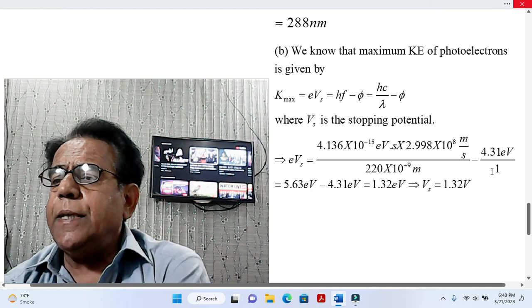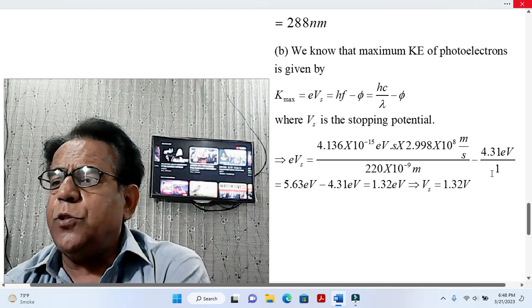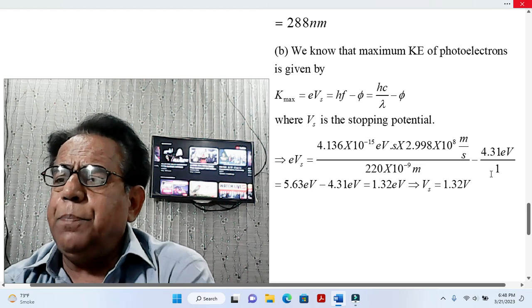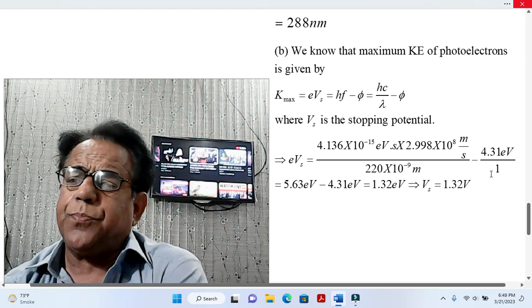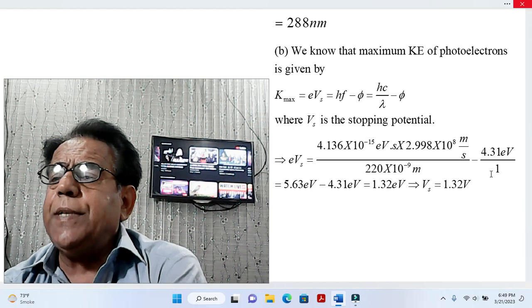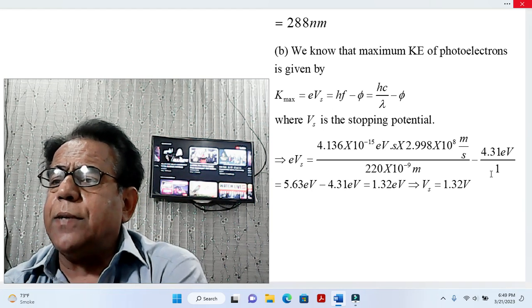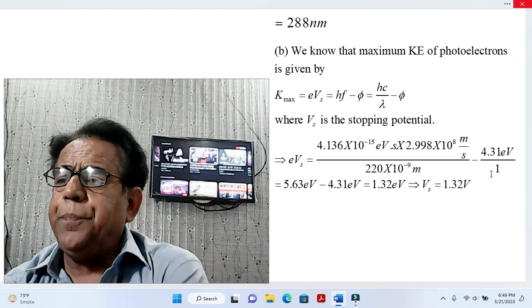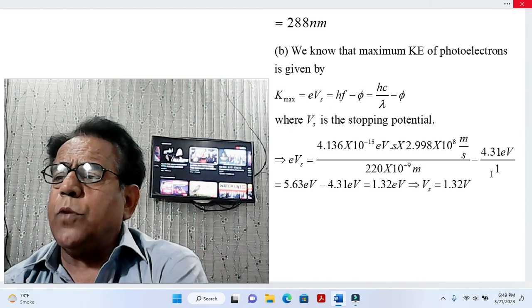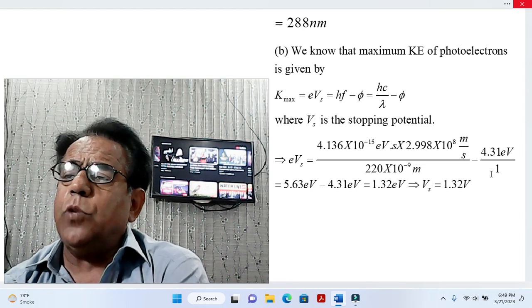In the denominator unity 1 will be assumed. So when we will simplify it, second will be cancelled out with second, meter will be cancelled out with meter, and we will be left with only electron volt.